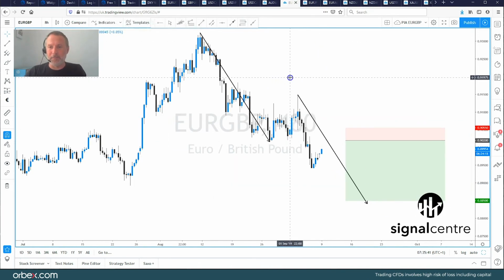Euro sterling, we keep on grinding lower. We got an inside day on Friday. That just highlights indecision. This is a high risk trade, obviously, again, with that sterling element in this cross currency, but a full AB equals CD formation takes us down to here, which is around about 88.40.